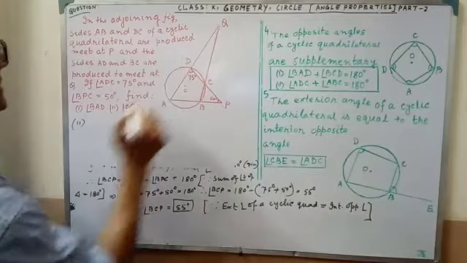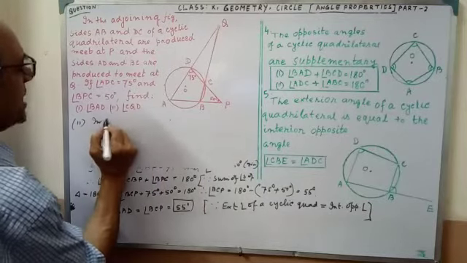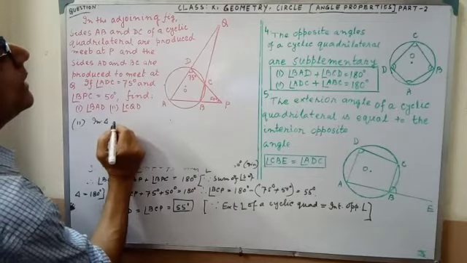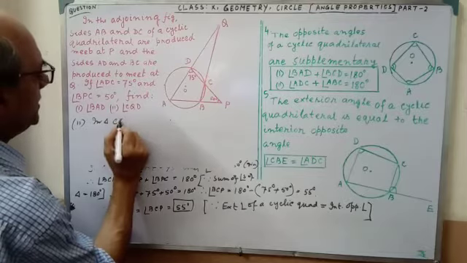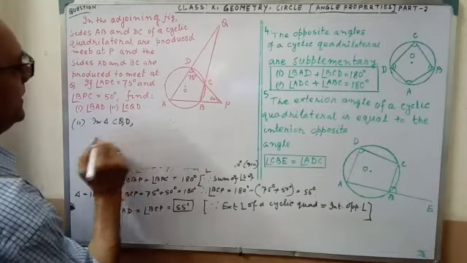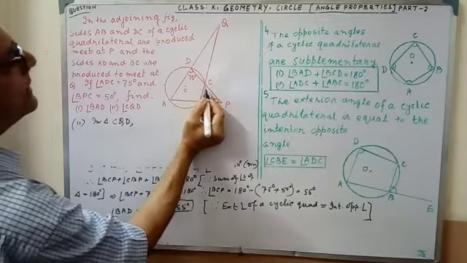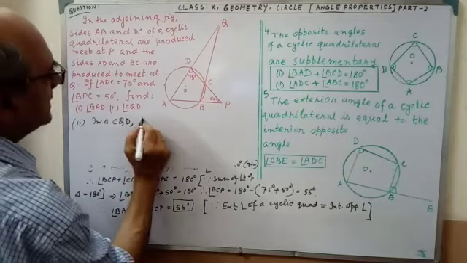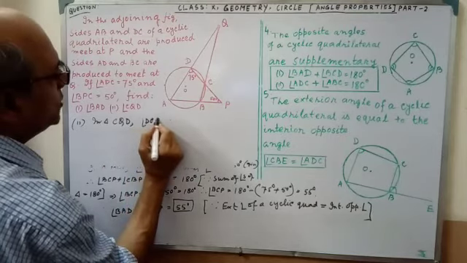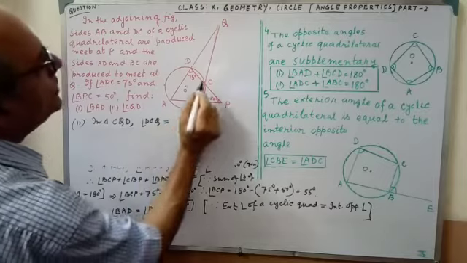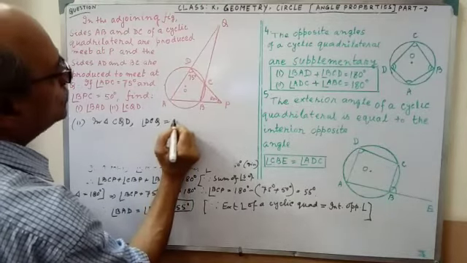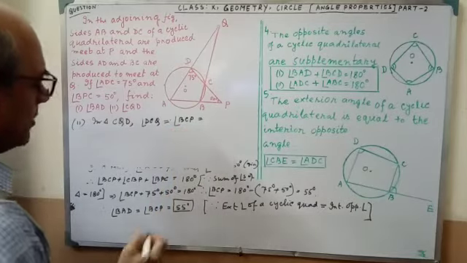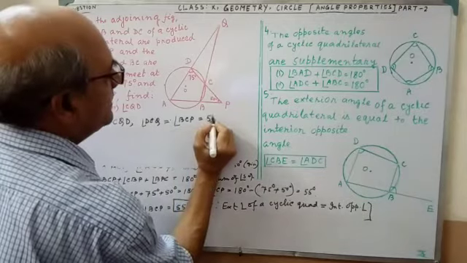So we may consider triangle CQD. The angle DCQ equals angle BCP. BCP we have already got, that is 55 degrees.